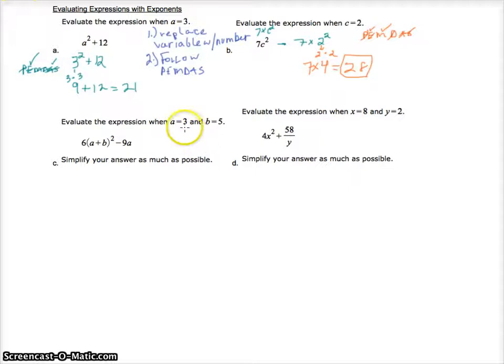Evaluate the expression when a equals 3 and b equals 5. Remember that whenever we have, so this is 6, parentheses, a plus b squared, minus 9a, and this is 9 times a. And whenever I have a number next to parentheses, this indicates multiply.